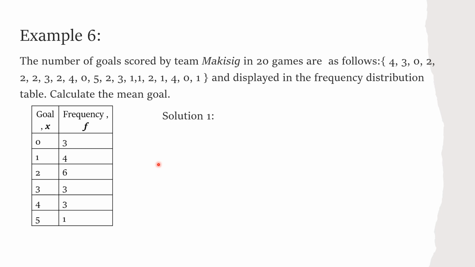So for our solution, let's get the total frequency or the value of N, or the weights. So 3 plus 4 plus 6 plus 3 plus 3 plus 1 is 20.